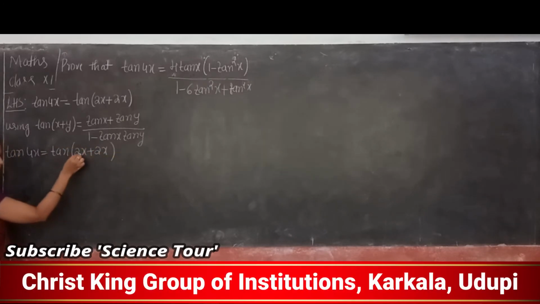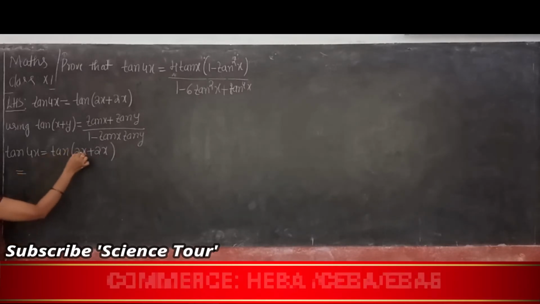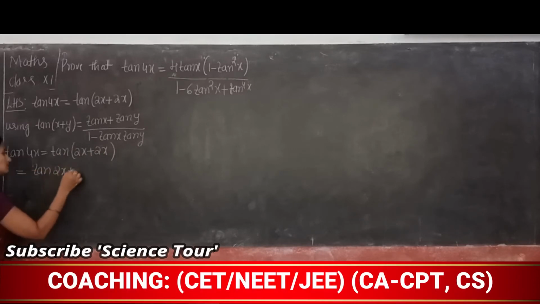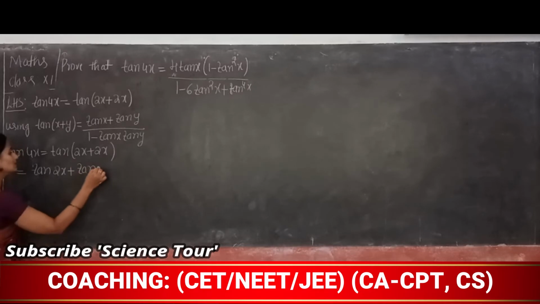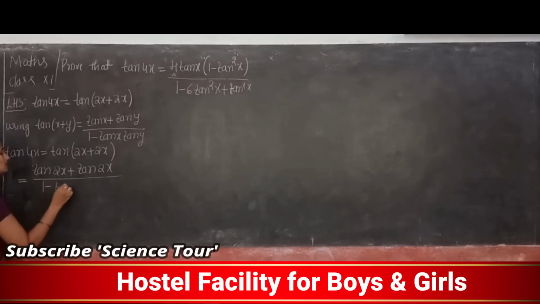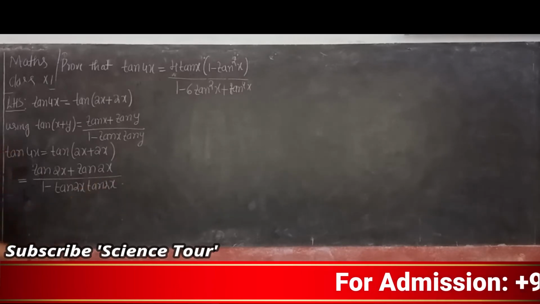Now what is the value of x? x is 2x. What is the value of y? y is 2x. So tan x plus y is equal to tan 2x plus tan 2x, divided by 1 minus tan x into tan y, where y is 2x. Clear?